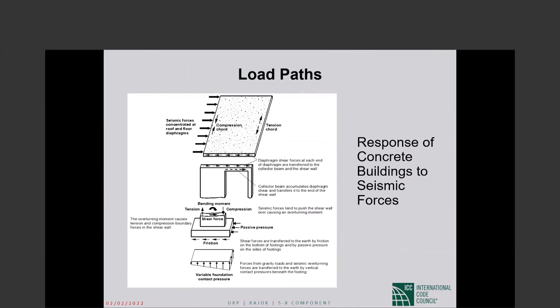Now, the concept of load path. This is also obviously very fundamental and very important. So we have a building of some kind, could be multi-story, could be one level, doesn't make any difference. This is the roof diaphragm, as we call it.